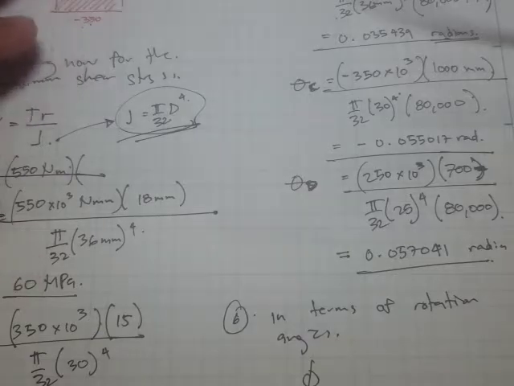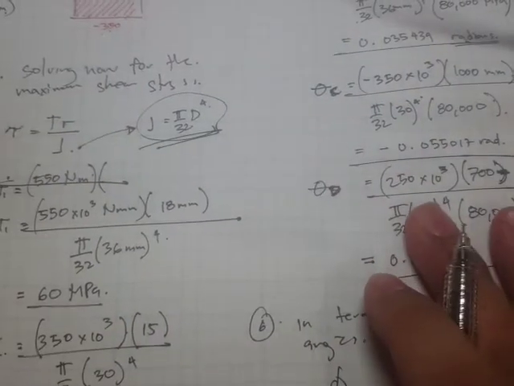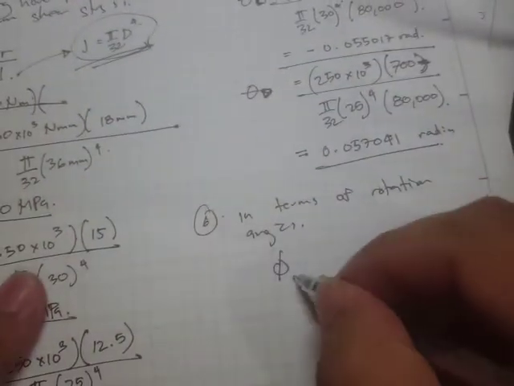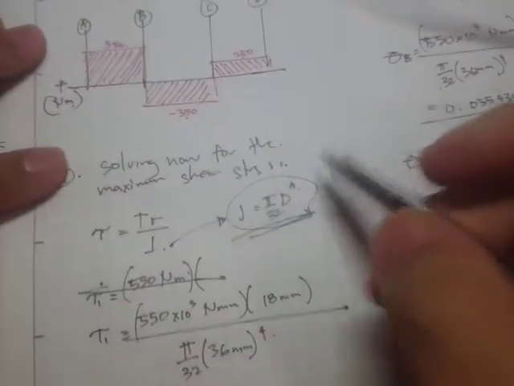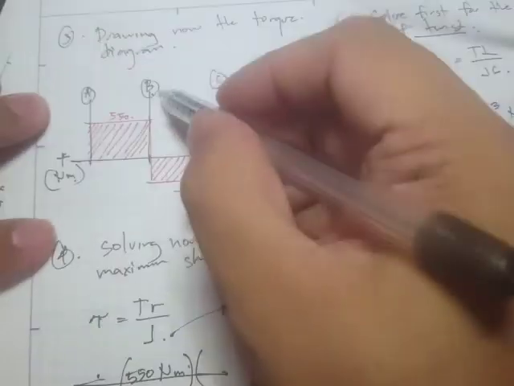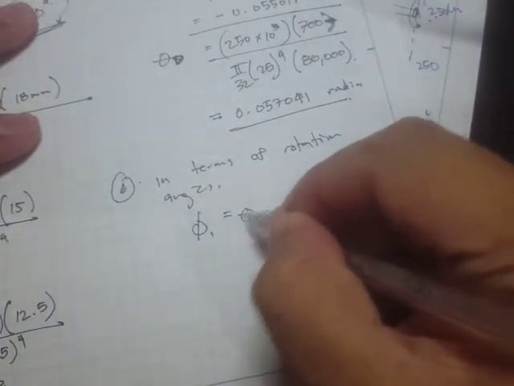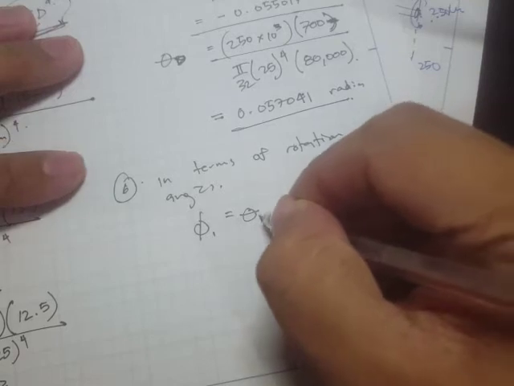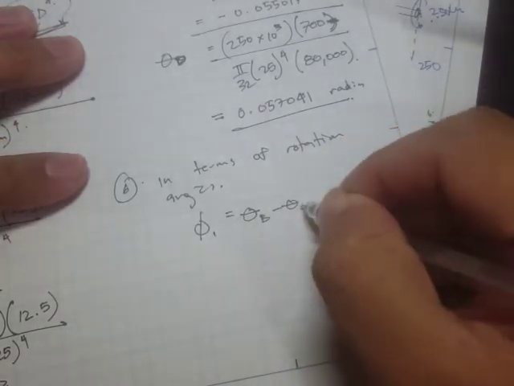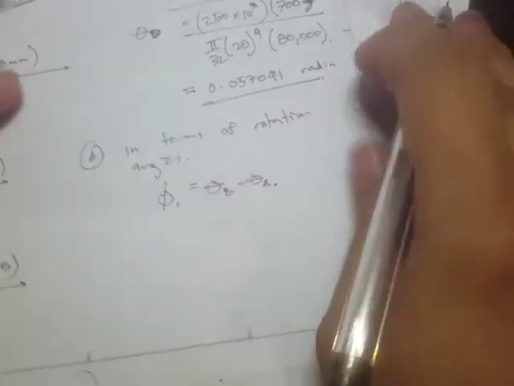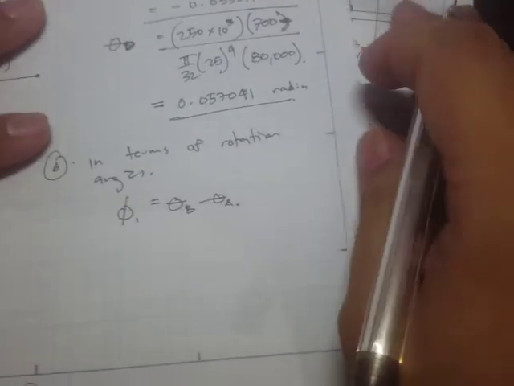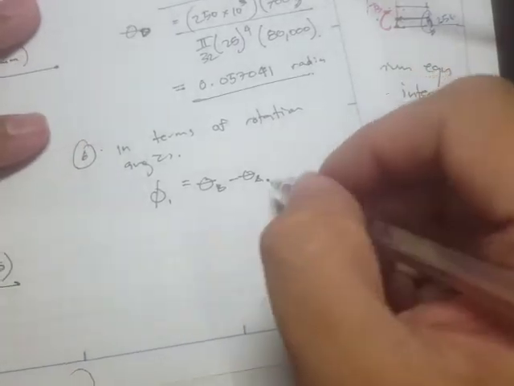So therefore, for the angle of twist for segment number 1, this is just simply the angle of twist at point B minus the angle of twist at point A. Right, so let's just write here point B minus point A. Our point A is just 0 because that's the reference or the starting point.